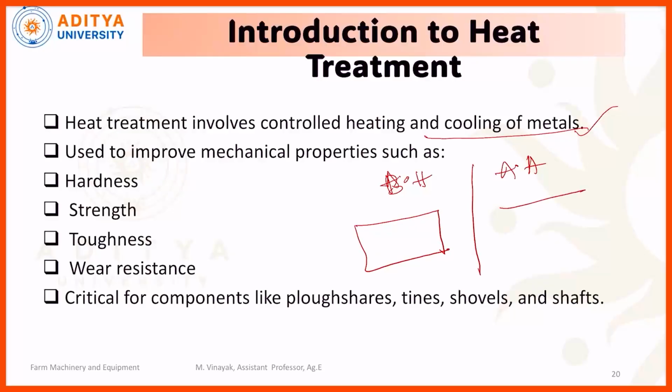Here I am taking one small metal, and here also I am taking a small metal. The distribution of molecules in the small metal before the heat treatment is likewise. Before the heat treatment, the molecules were distributed like this.